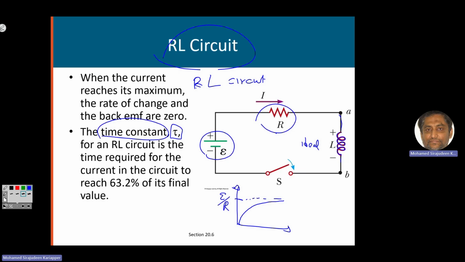It is the time required for the current in the circuit to reach 63.2% of the final value. For the capacitor, it is not the current, it is the amount of charge. It is the time the RC circuit takes to reach 63.2% of the maximum fully saturated charge value. Here, it is the final maximum current value.